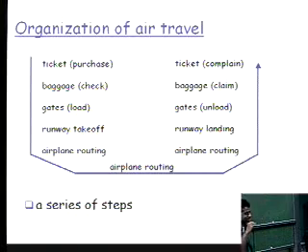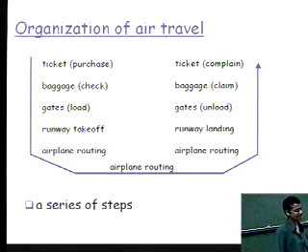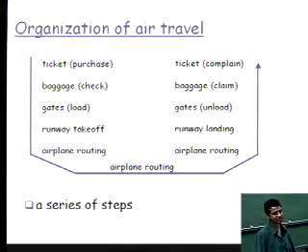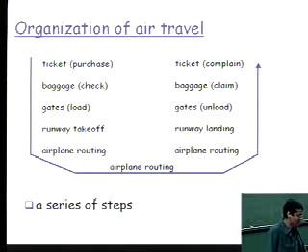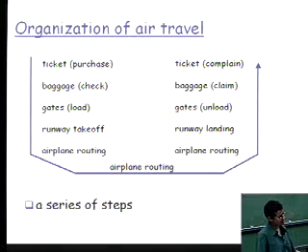So a typical organization of an air travel by a person is also layered. There are a series of different steps. The first step is ticket purchase. Second step is baggage check. Then you go to the gates where you go into the aeroplane. Then there's a runway takeoff. The plane gets airborne, and then the air traffic control routes the plane along to the final destination.